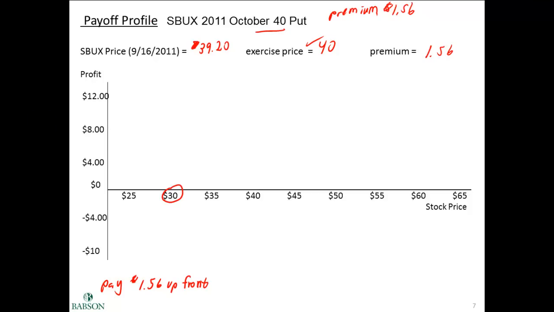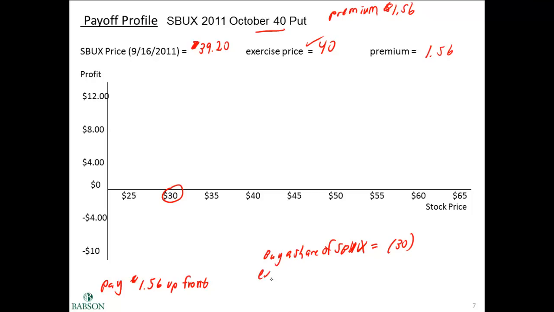So that means that you can buy or sell as much Starbucks as you want for the market price of $30. So what do you do? You buy a share of Starbucks in the open market for $30.